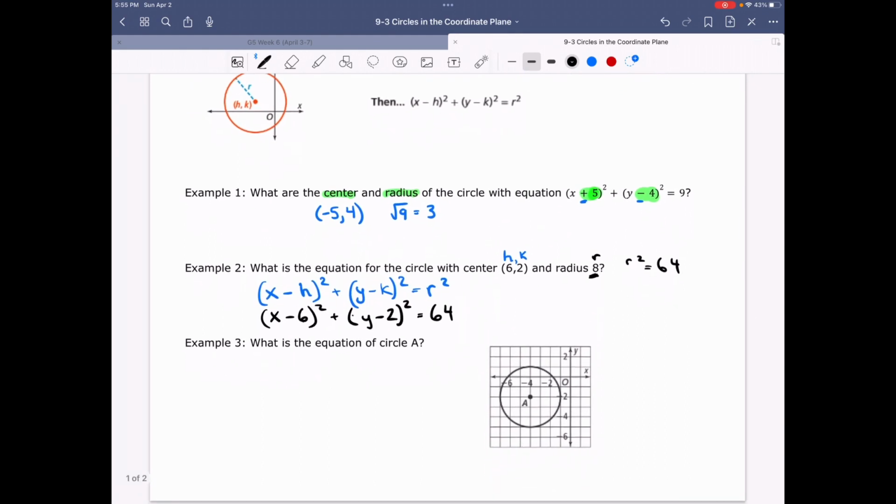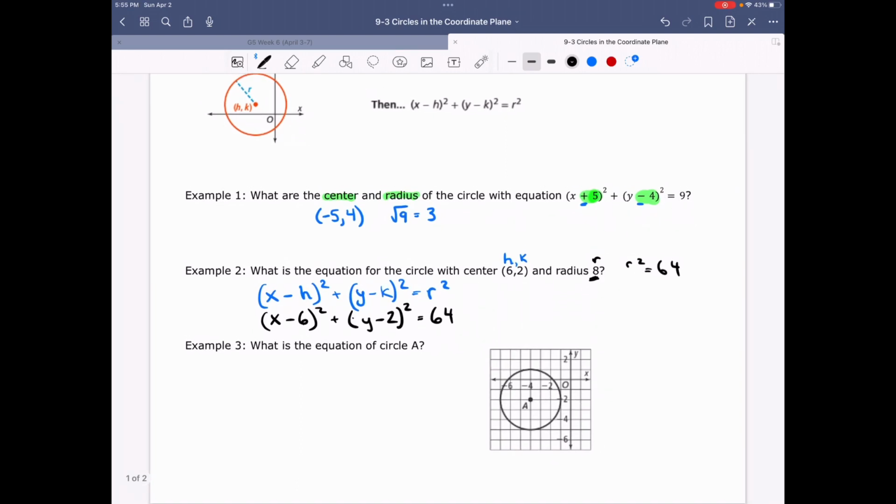Example 3. What is the equation of circle A? Well, we need to figure out what the center is, and what the radius is. The center is -4, comma, and then down 2, so -2.